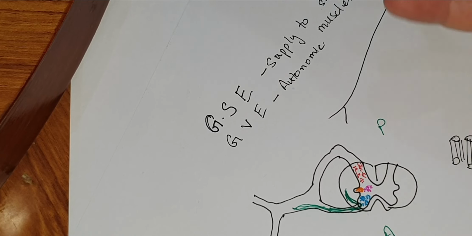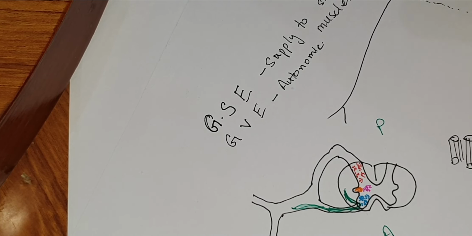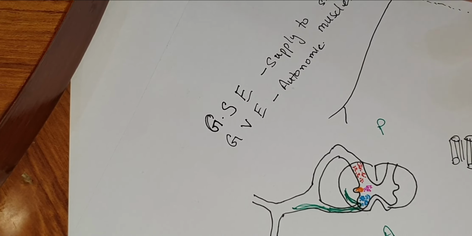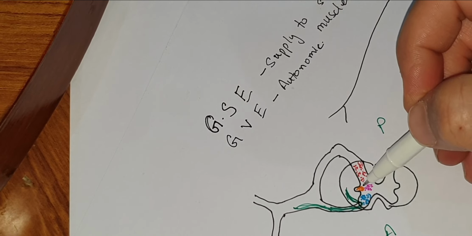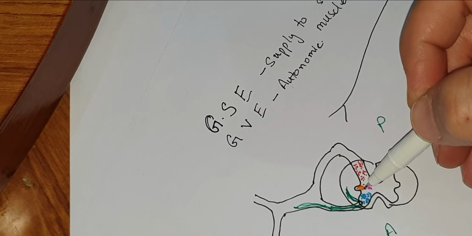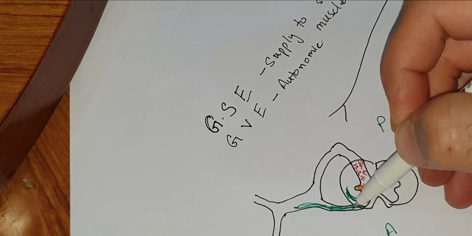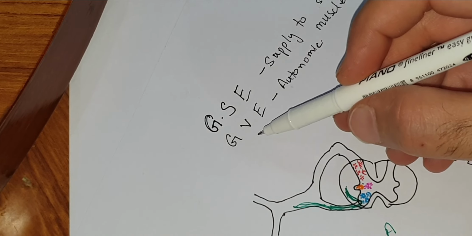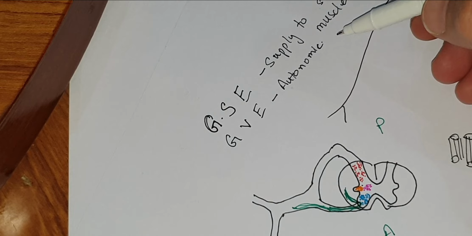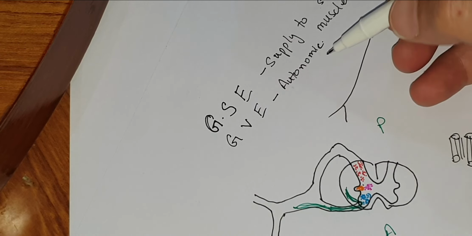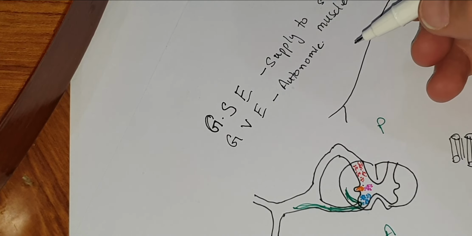Intermediolateral nucleus means there are neurons, the cell bodies of neurons inside this nucleus, and the axons of these cell bodies, when they go out into the spinal nerve, form the general visceral efferent component of the spinal nerve, which is always autonomic.